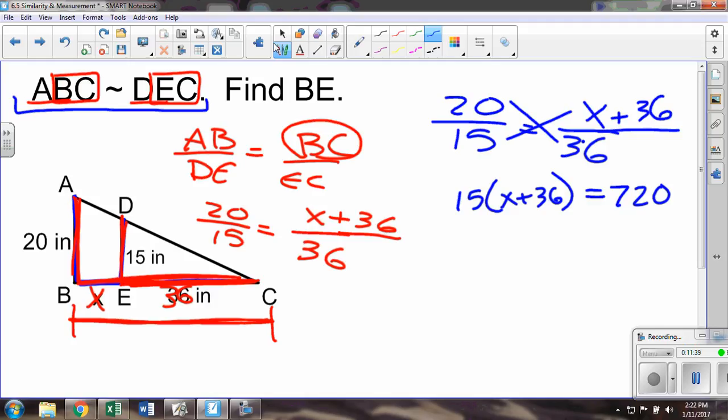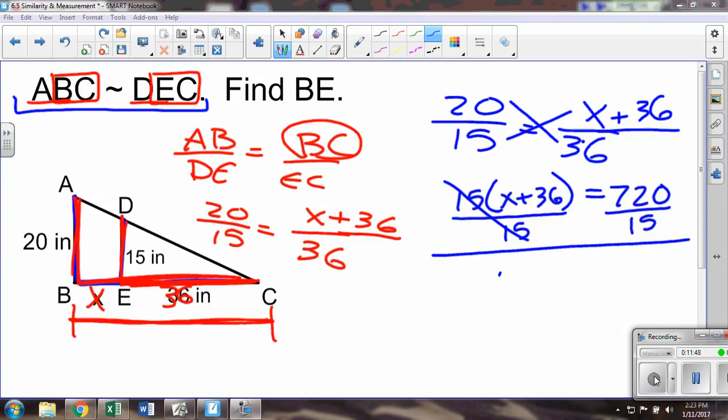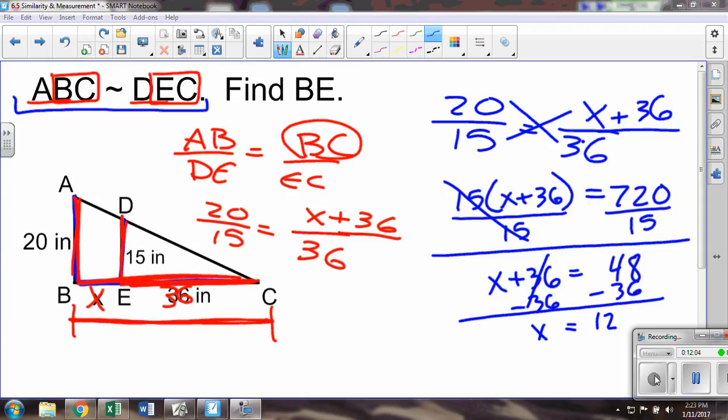With our work then, we saw that probably the easiest way to solve this is to divide out by 15. And that would give us X plus 36 equals 48. All right, and so to finish solving it, we know that we could subtract off that 36, giving us a length of 12.